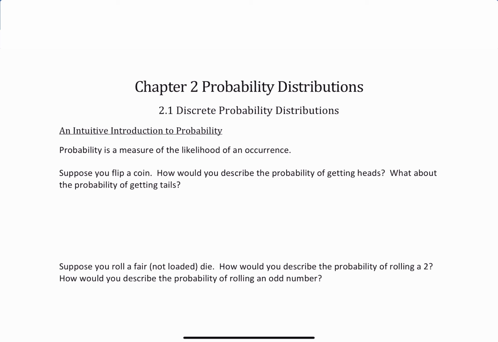For example, suppose you flip a coin. How would you describe the probability of getting heads? What about the probability of getting tails? Well, you have an equal chance of getting either one, so a typical way of saying the likelihood of getting either one is you have a 50-50 chance.